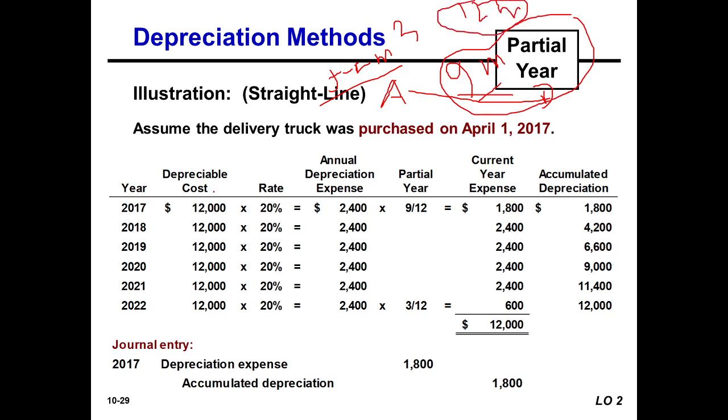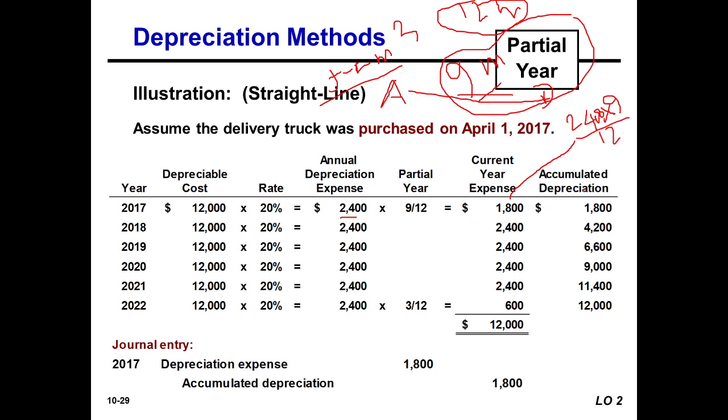So depreciable cost will be 12,000, 20% then 24,000. Here it will be partial, that means 2,400 into 9 by 12, then we will get this figure, clear.